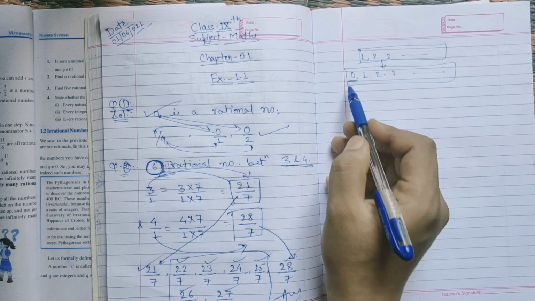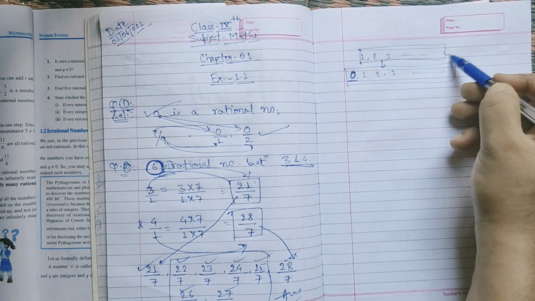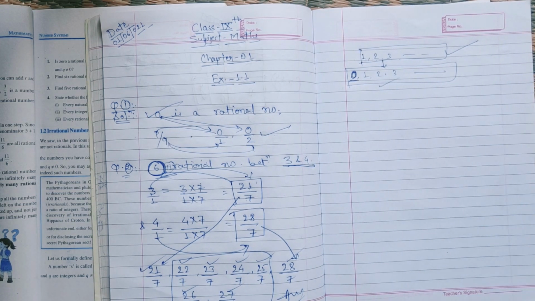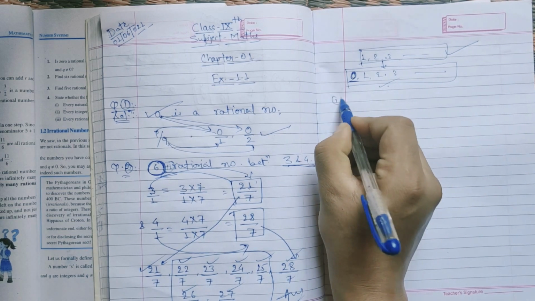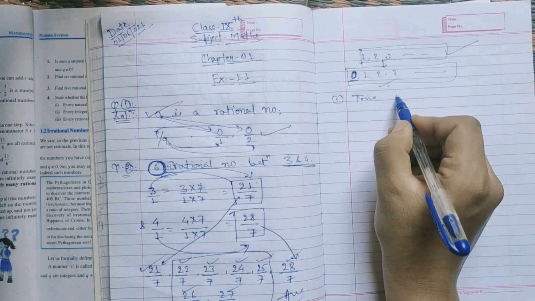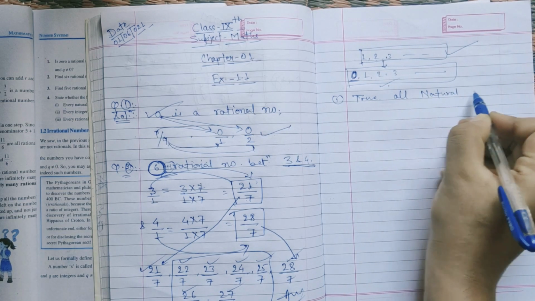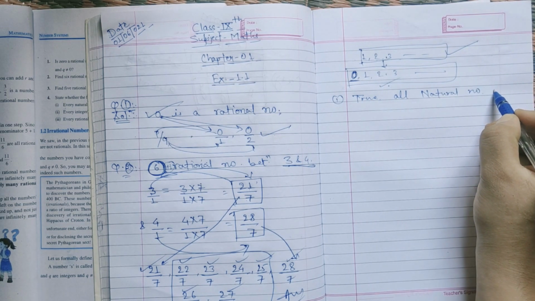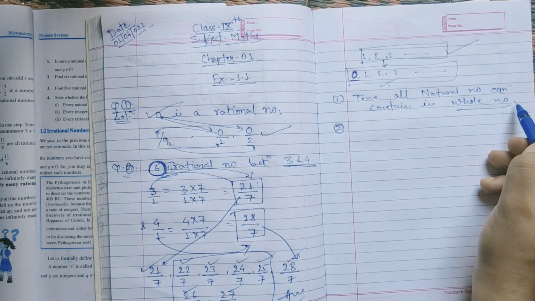So this statement is true because 0 is a whole number, and 1, 2, 3, which are all natural numbers, are also whole numbers. So the first answer is true, and the reason for this is: all natural numbers are contained in whole numbers, okay?